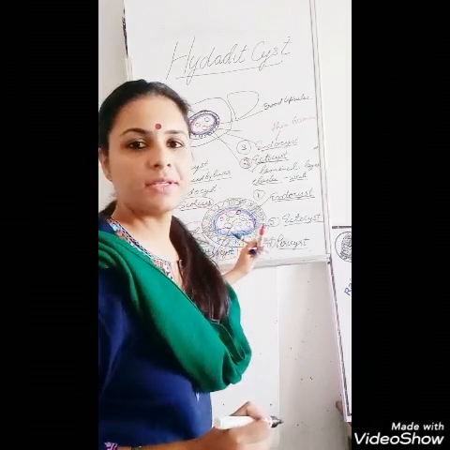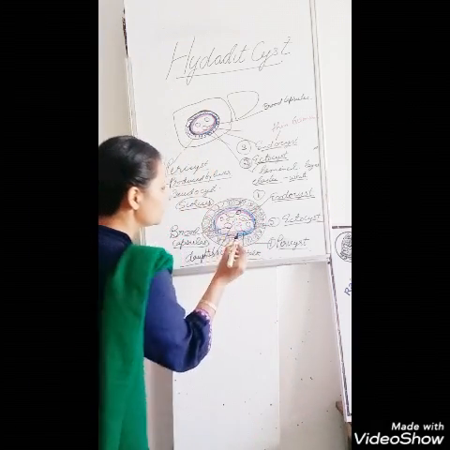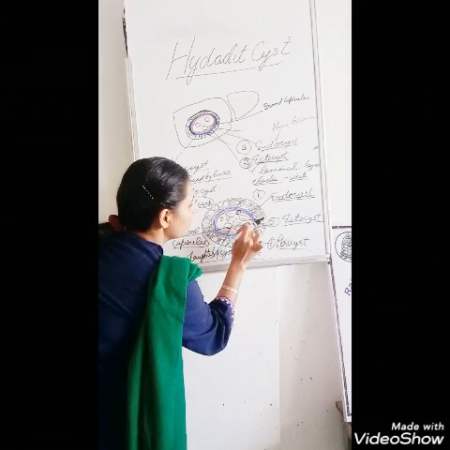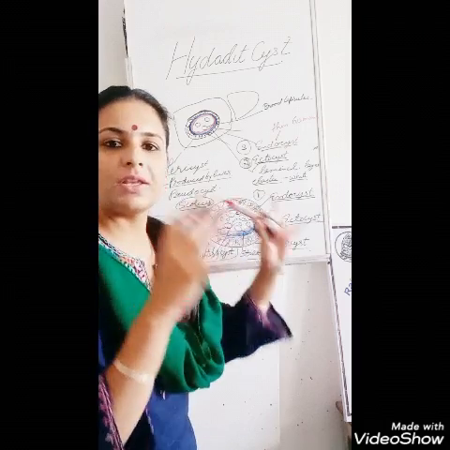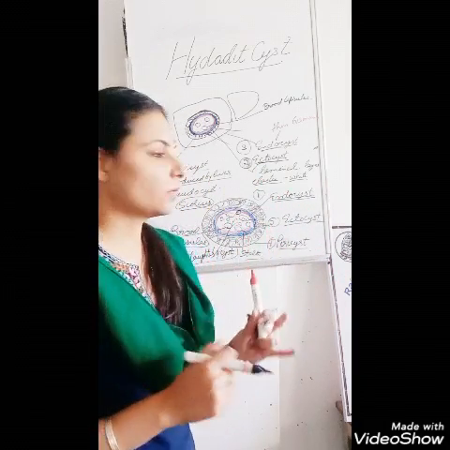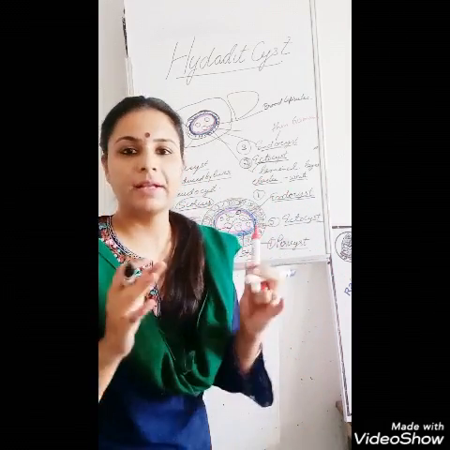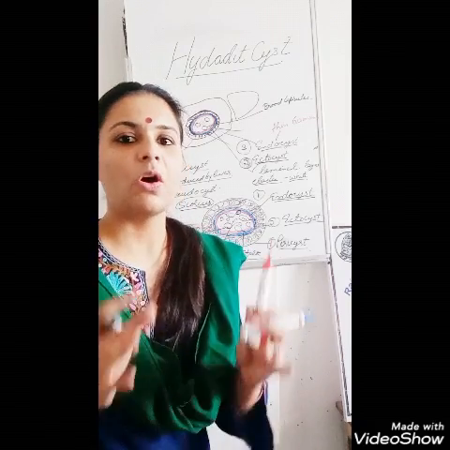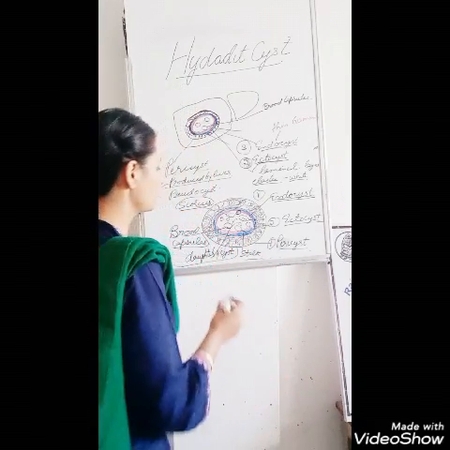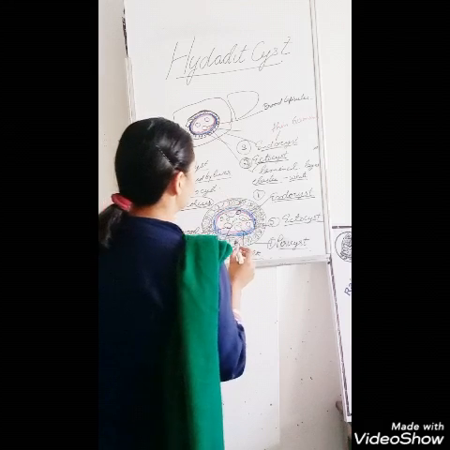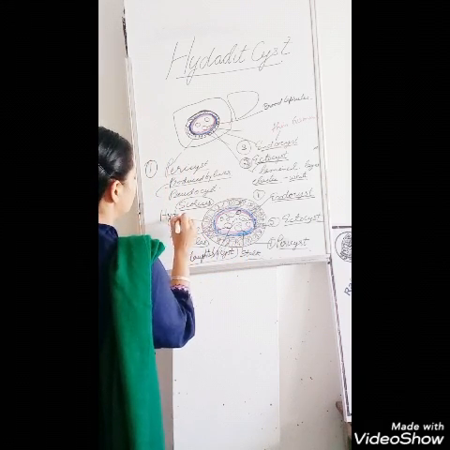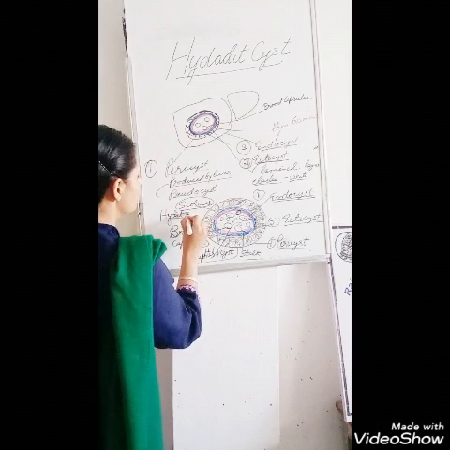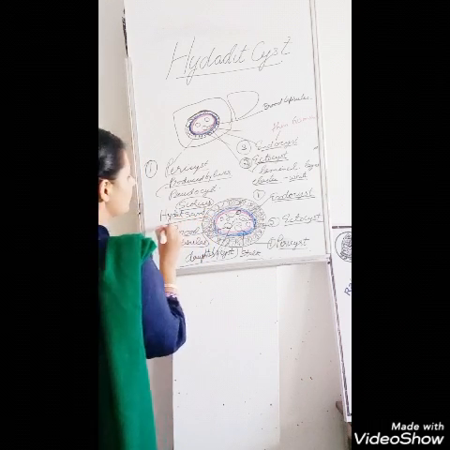This fluid is hydatid fluid, and the fluid is inside the daughter cyst and granddaughter cyst also. This fluid is clear, acidic, or could be pale yellow. And this hydatid fluid has granules. The granules are called hydatid sand.